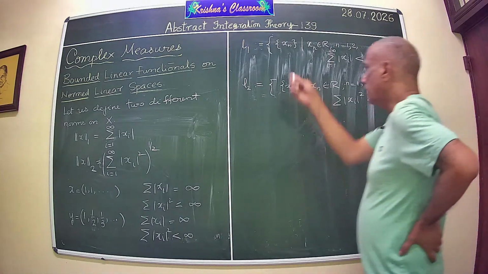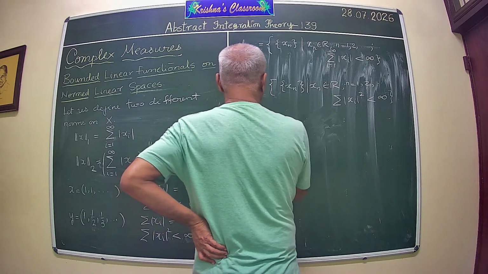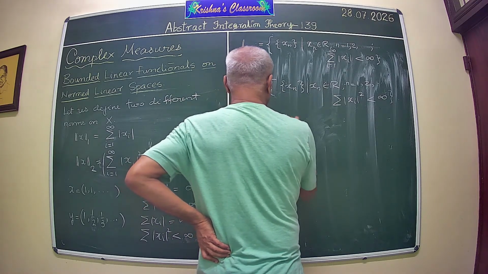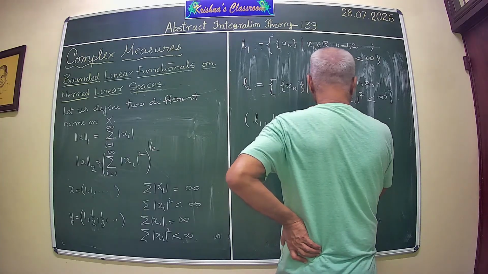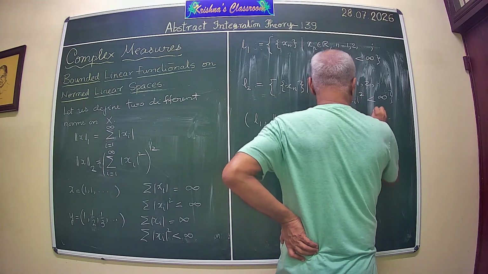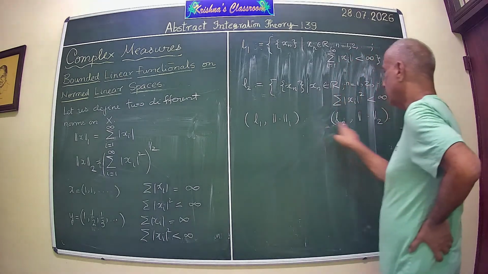Now in L1 you define the norm. So you take L1 with norm 1, L2 with norm 2. This is not the same as this.